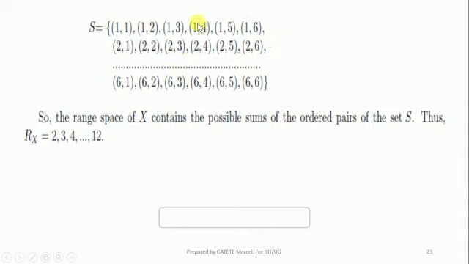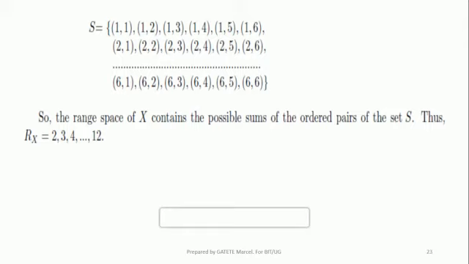This is the range of the tossing of 2 dice at the same time. So the range space of x contains the possible sums of the ordered pairs of the set. We add the 2 sides which are shown at the top.